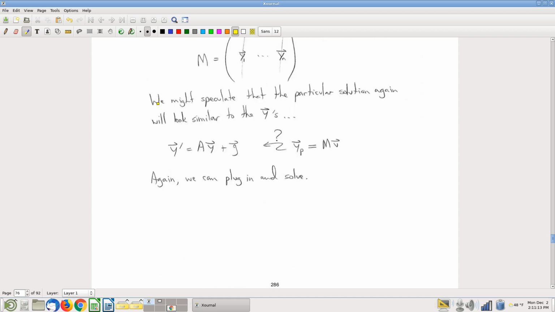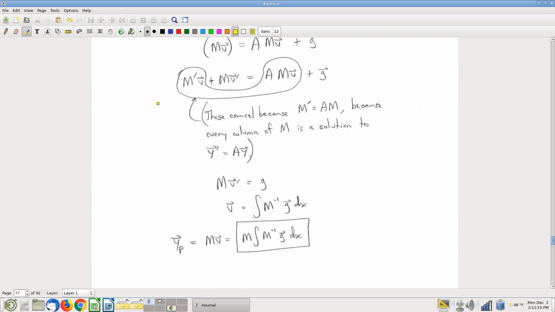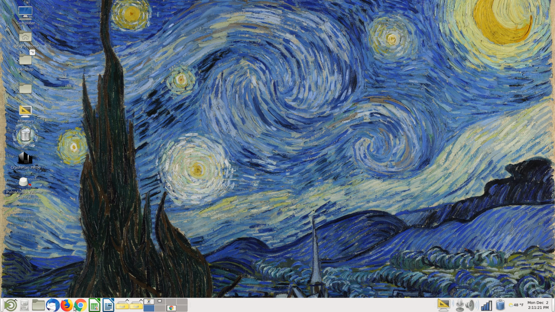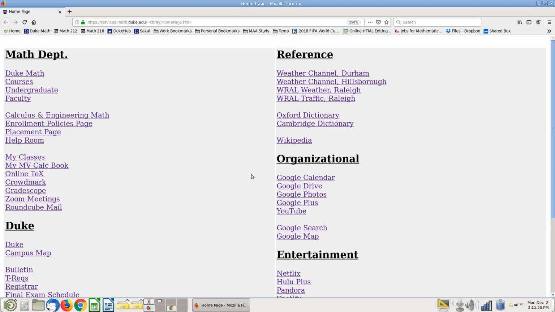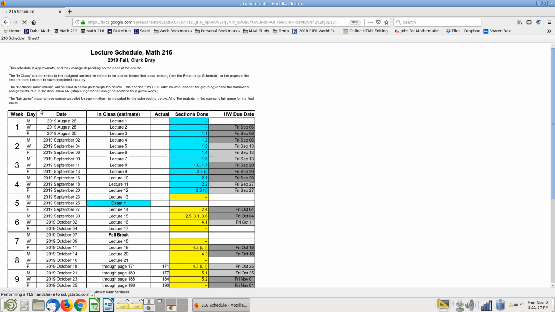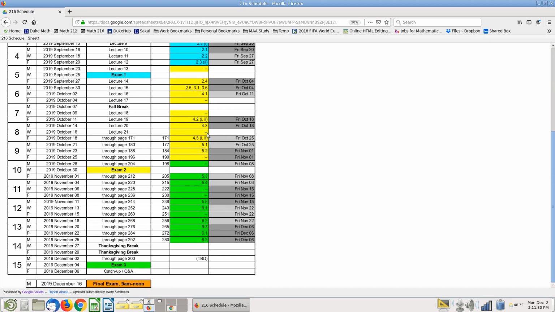Yeah? Is the stuff that we covered today going to be on Wednesday's exam? No. If I remember correctly, and you know what, let me not trust my own memory. That's dangerous. Let me come over here to the lecture schedule. Let's see here, 216 lecture schedule. Yeah. So the exam 3 you see here in green, right?